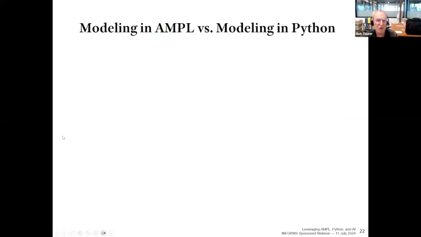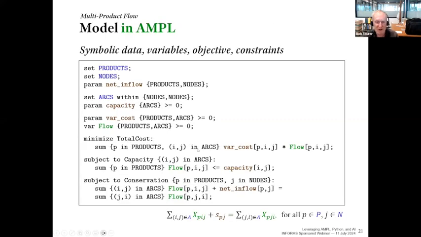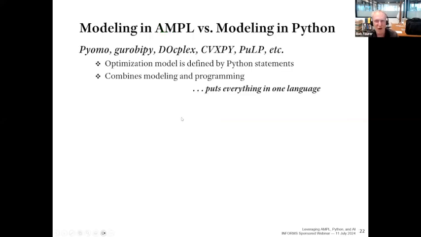But just briefly, I'm going to detour and say, at this point, you may ask, well, why can't I do this in Python instead? Aren't there Python modeling languages like GurobiPy and Pyomo and so forth? And there are modeling languages based on Python, and they do everything, including the model and everything in Python statements.